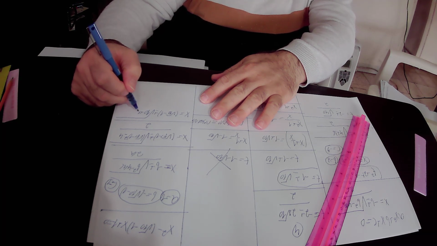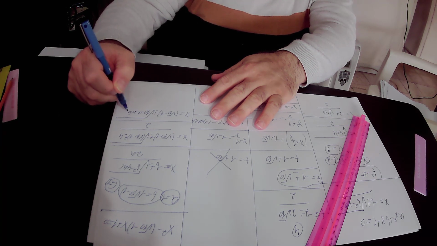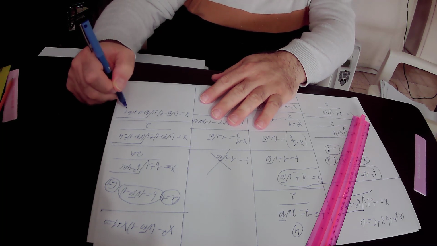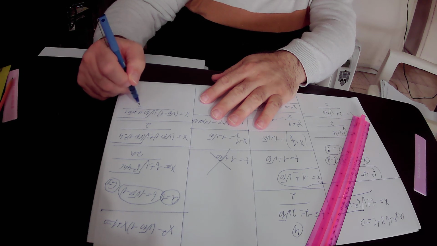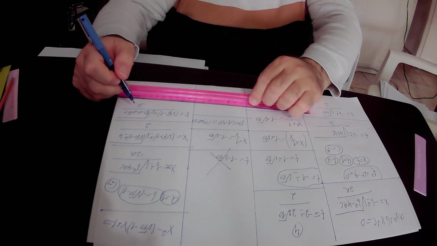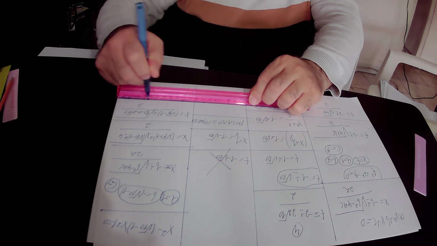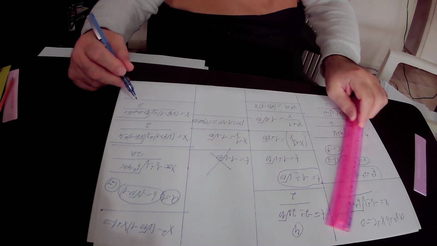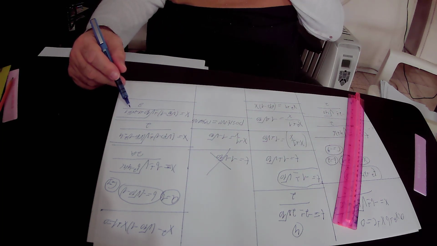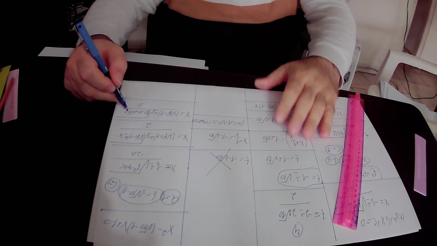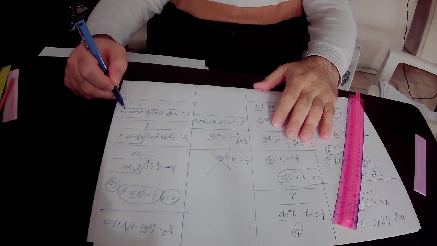Minus 2 times a, which is square root of 10, times b, which is 1. All divided by 2. Here 10 plus 1 is 11 and 11 minus 4 is 7.